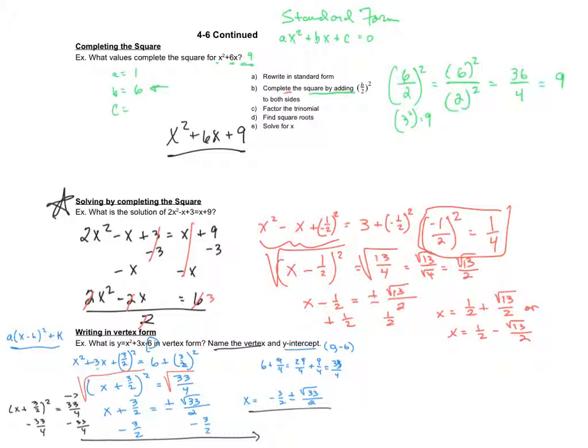I have x plus 3/2 squared minus 33/4, so my vertex is going to be equal to (-3/2, -33/4). Remember, your h and k values are what drive your vertex.